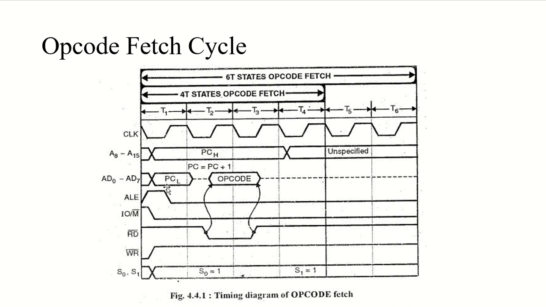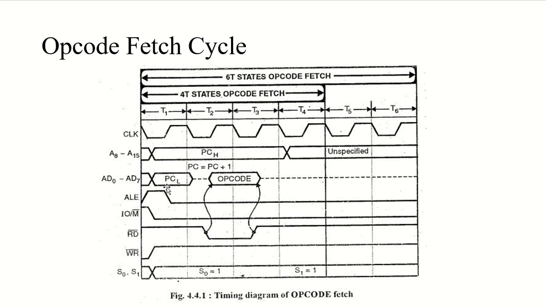After that, during memory read operation, data from memory or IO devices is transferred to the AD0 to AD7 lines during T2 and T3 states. So it operates differently based on the requirement of the machine cycle in the T2 and T3 states. But generally in opcode fetch cycle it contains the opcode.